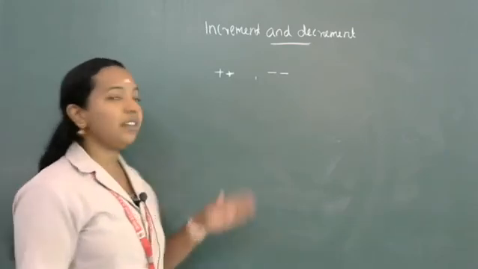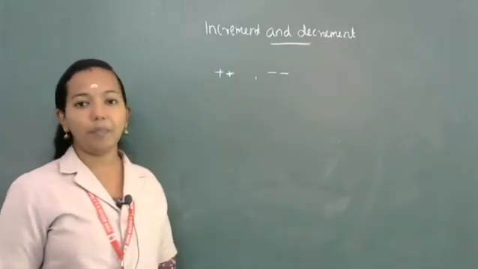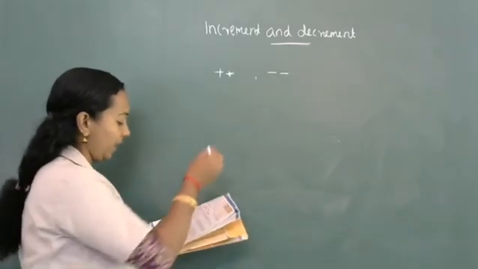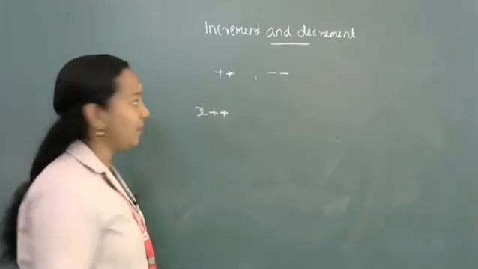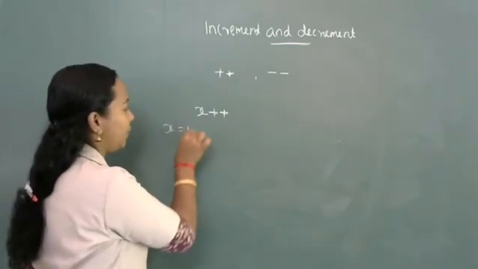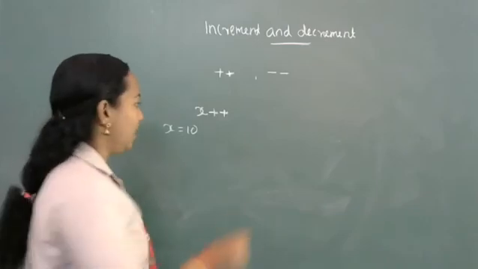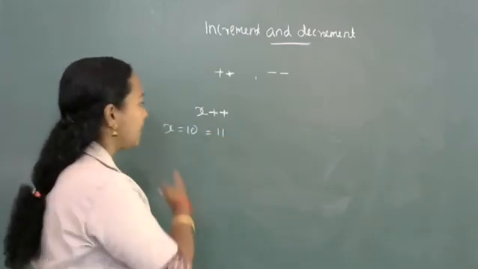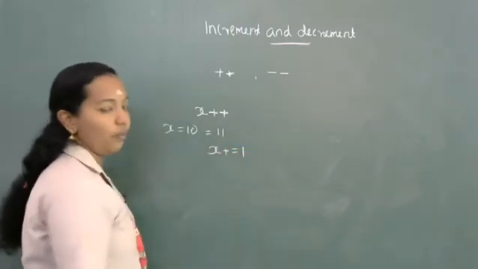But in the increment and decrement category, there are some special operators also present. For example, if we write x plus plus, and the value of x is 10, then what will be the result after x plus plus? The value of x becomes 11. We can represent the same using x plus equal to 1.